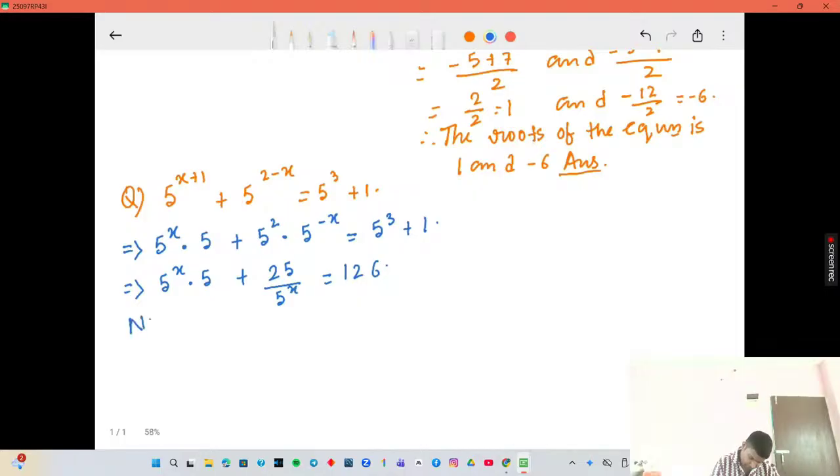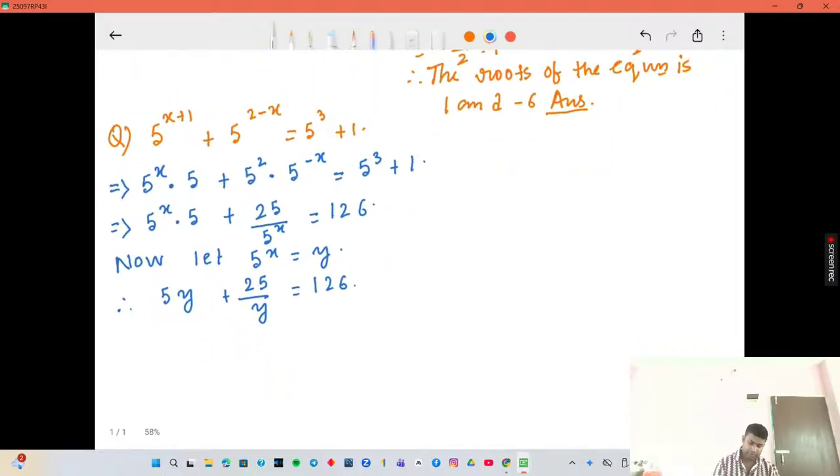Now let 5 to the power x is equal to y. Therefore 5y plus 25 by y is equal to 126.